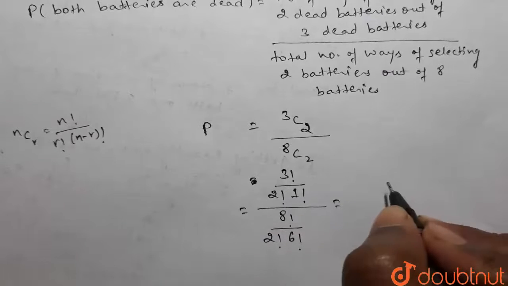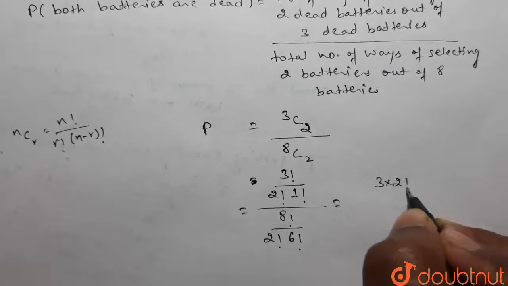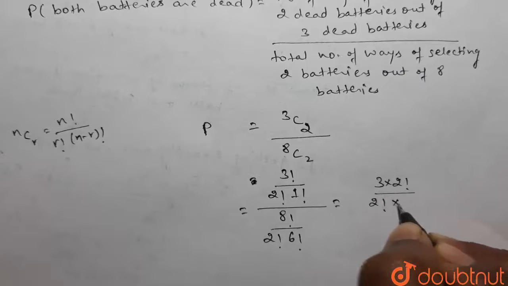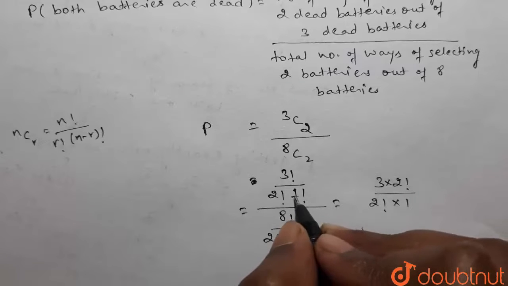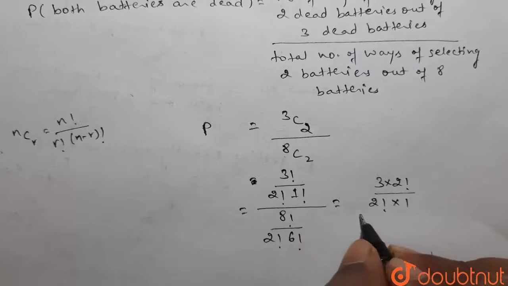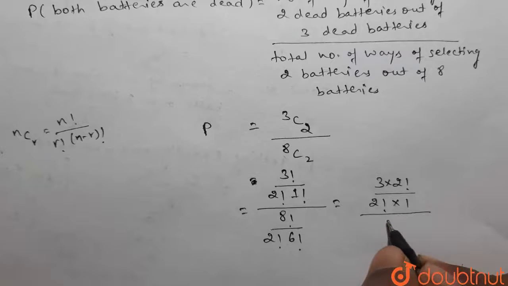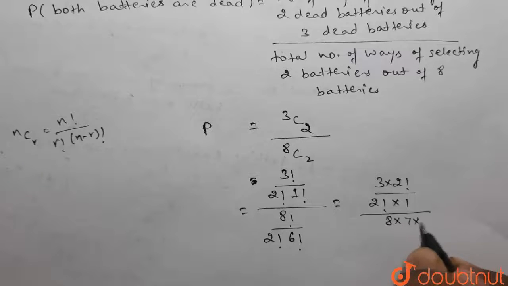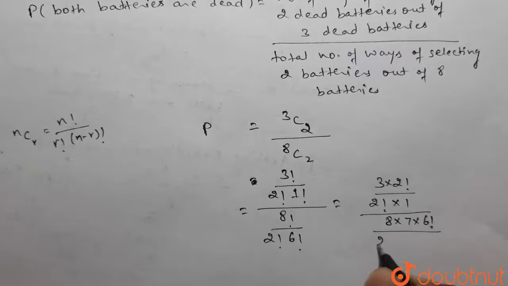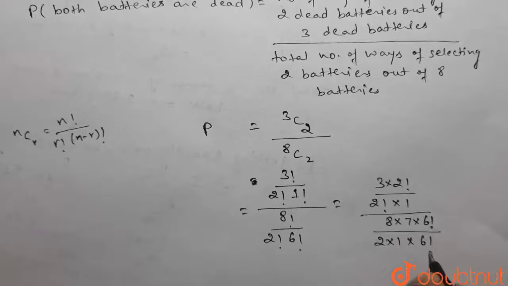Now this will be equal to 3 into 2 factorial divided by 2 factorial into 1. Value of 1 factorial is 1. Now whole divided by 8 into 7 into 6 factorial divided by 2 into 1 into 6 factorial.